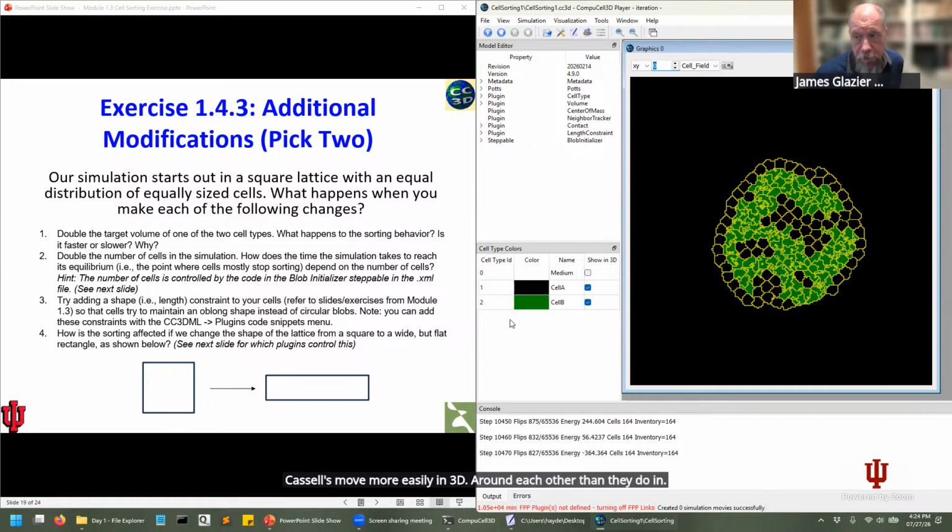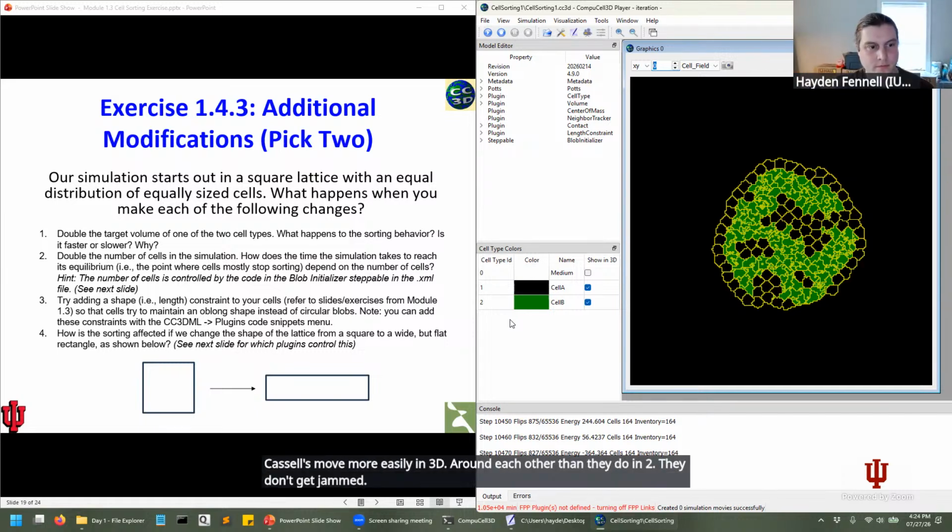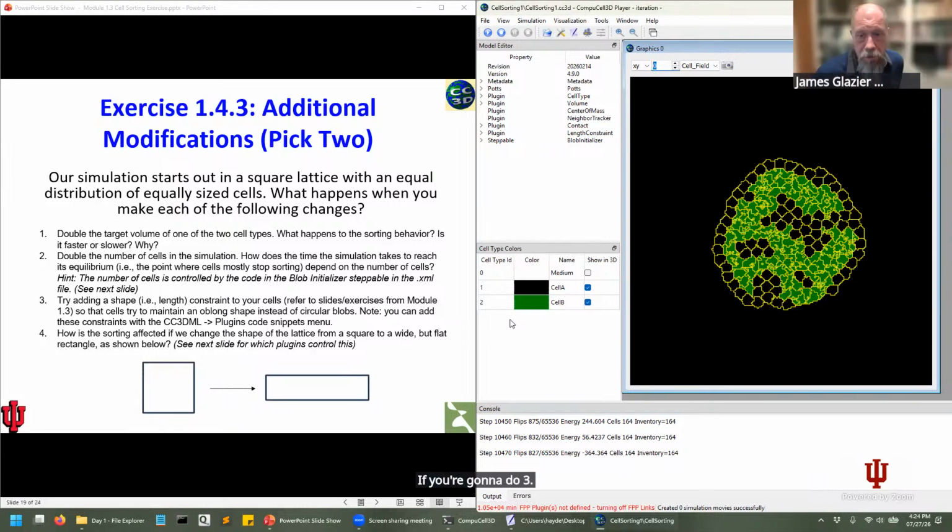They don't get jammed. So if you're going to do 3D, you probably want to render in 2D instead of visualizing in 3D, so you can do a slice through the middle to see what's happening.